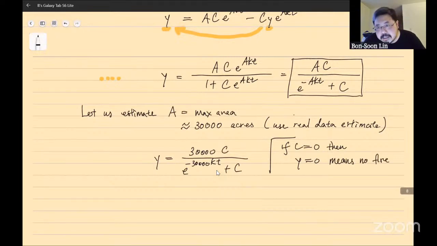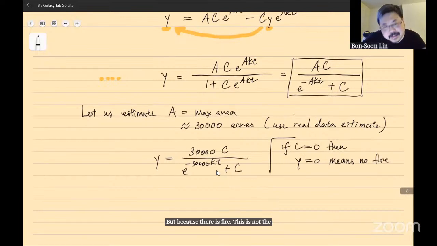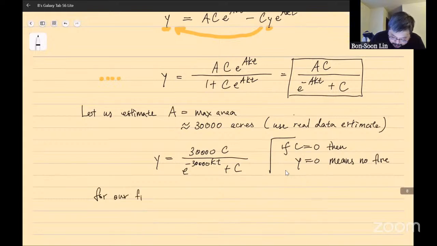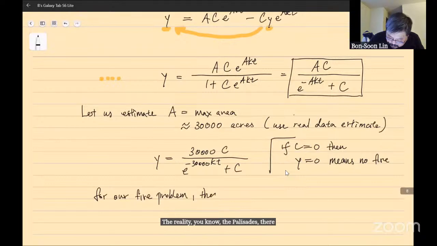But because there is fire, this is not the solution we're going to look at. Does that make sense? So because there is fire, c is not 0. For our fire problem, the reality, you know, the Palisades, there is fire.